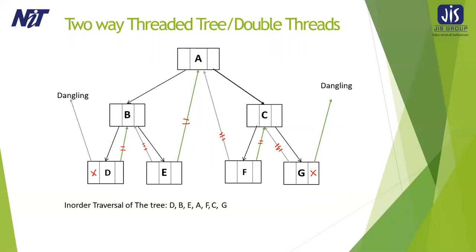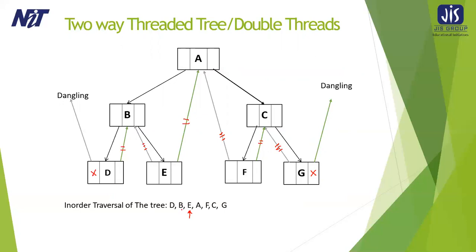So here also, in the in order traversal of this tree, we have to first check the in order traversal, then the in order successor and in order predecessor, both we have to take care of. So what is the in order predecessor of E?